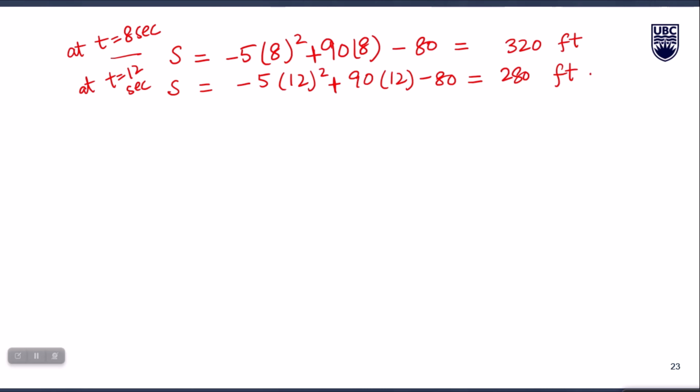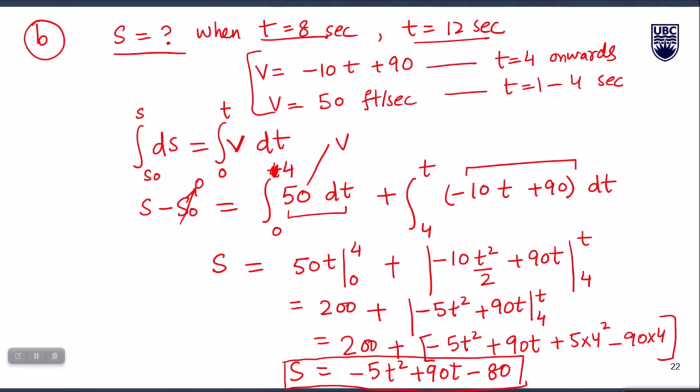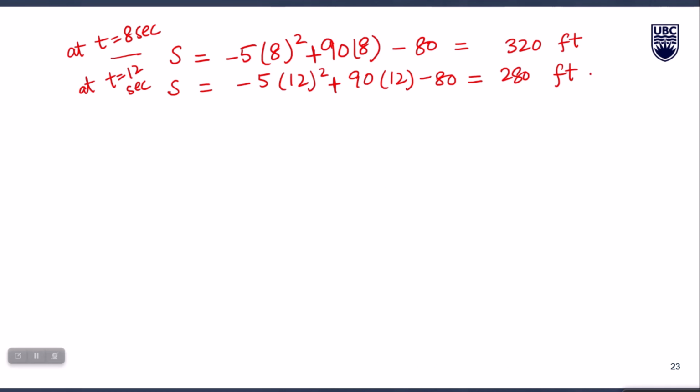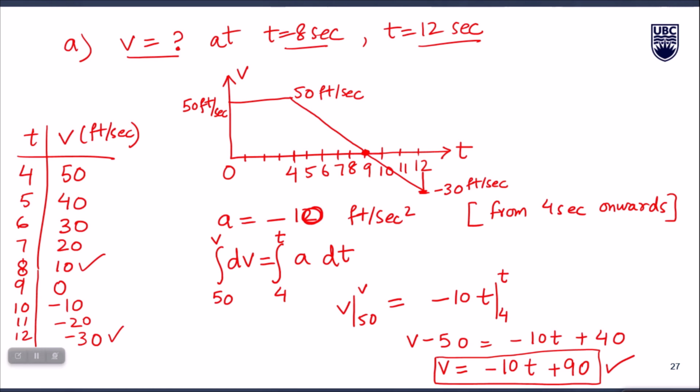That can also be interpreted from the v versus t relationship, because v became 0 at exactly t equal to 9 seconds, right? So at t equal to 9 seconds, you see velocity is 0. So t equal to 9 seconds was the instant at which the particle changed its direction.